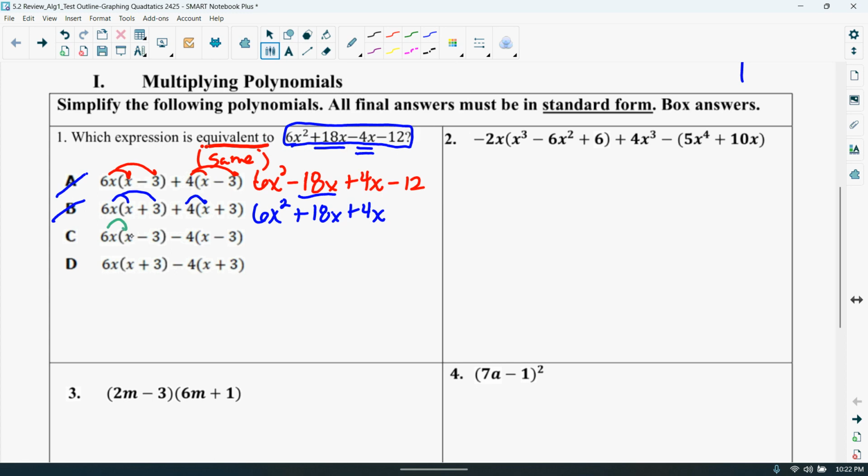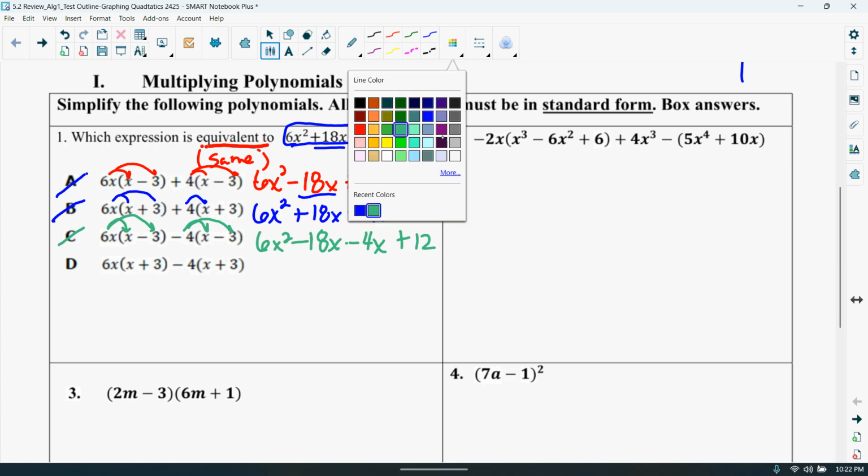We're distributing the 6x times x, so that's 6x squared. 6x times minus 3, that's minus 18x. Then negative 4 times x is a negative 4x. And then a negative 4 times a negative 3 makes that a positive 12. So that doesn't work. So obviously, it has to be this last answer choice.